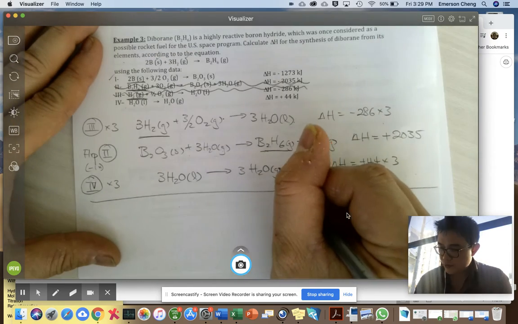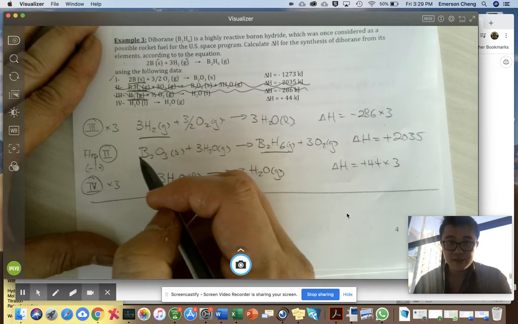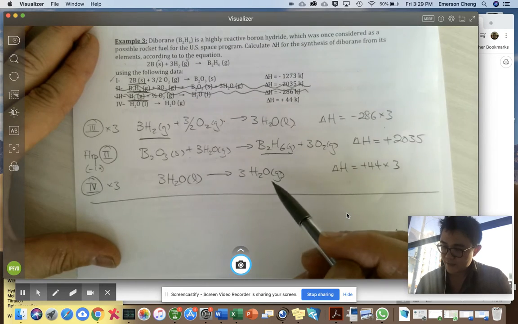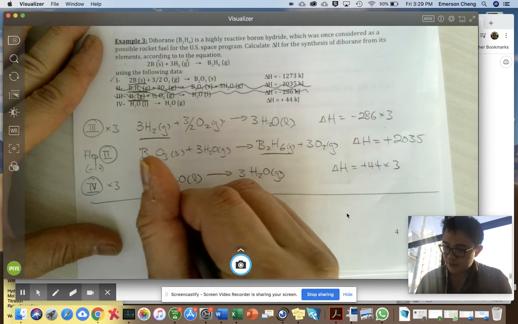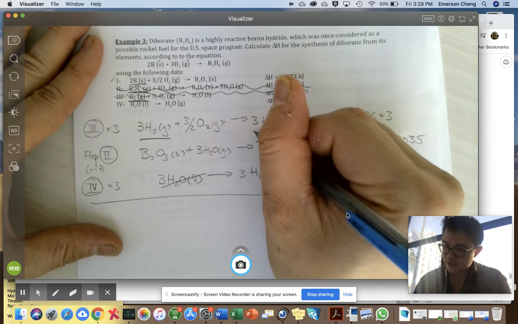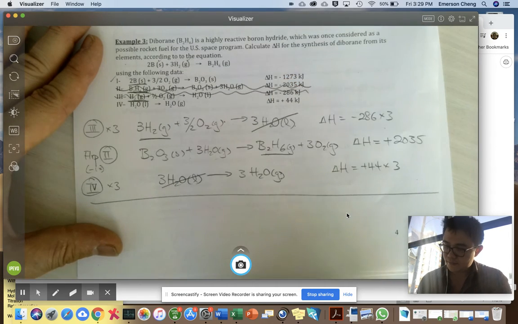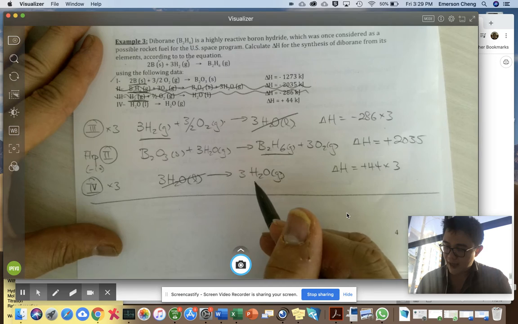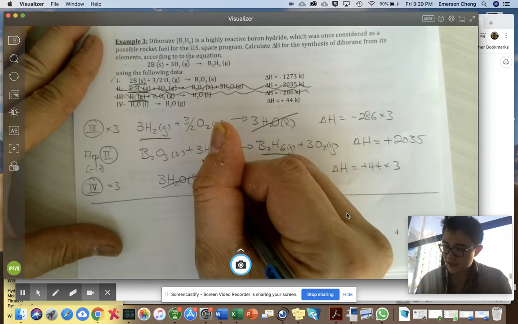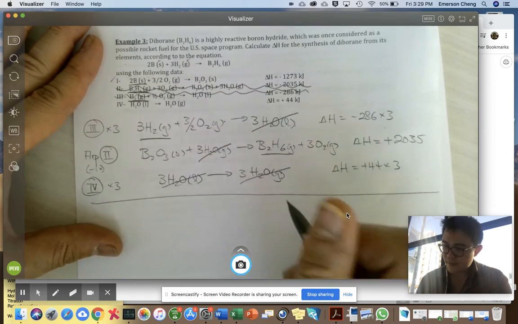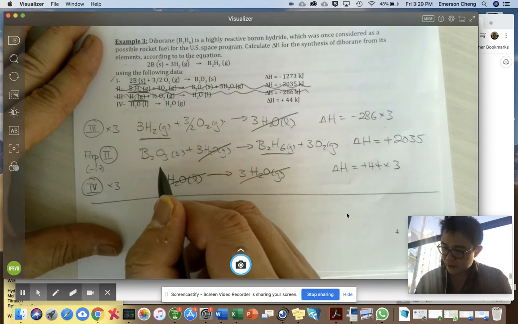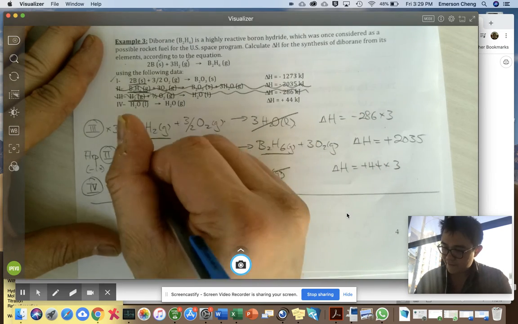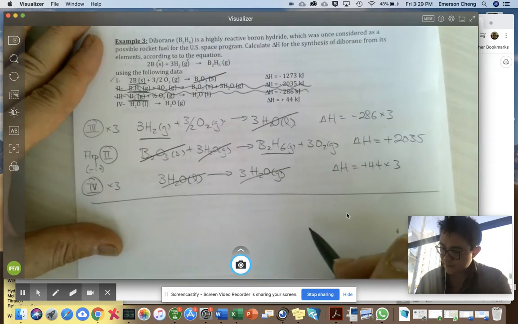Now, what you need to do now is go through the purging situation. So you have 3H2O liquid on the left, 3 of this on the right, that cancels out. 3 water gas here, 3 water gas here, that cancels out. B2O3 here on the left, B2O3 on the right, those cancel out.